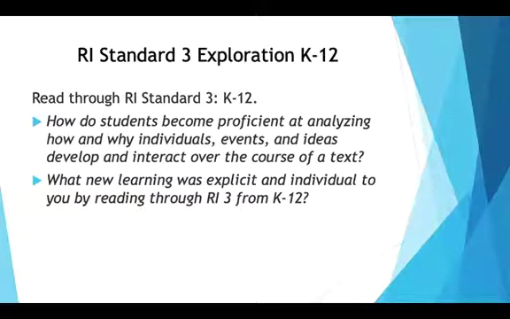What new learning was explicit and individual to you by reading through RI 3 from K through 12? Please take time now to read through these standards and answer these questions with your colleagues. It would be of most value for you to pay close attention to the grade levels that you instruct and to identify the way that student learning builds each year.